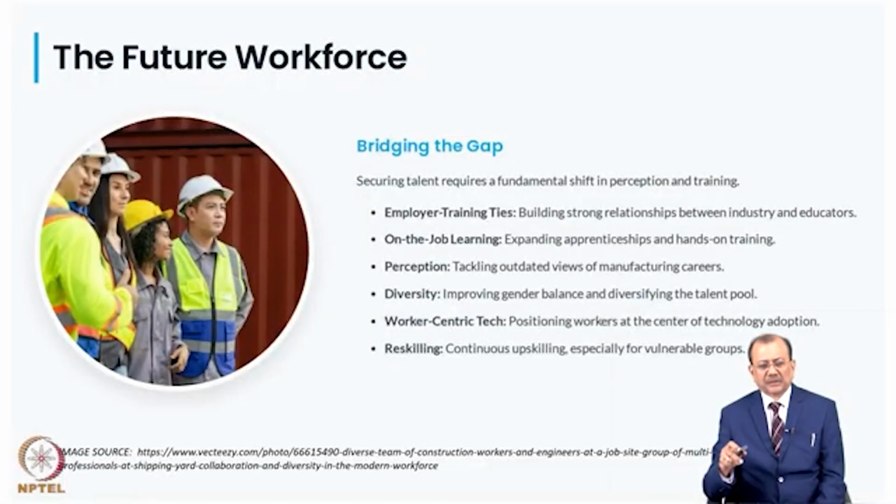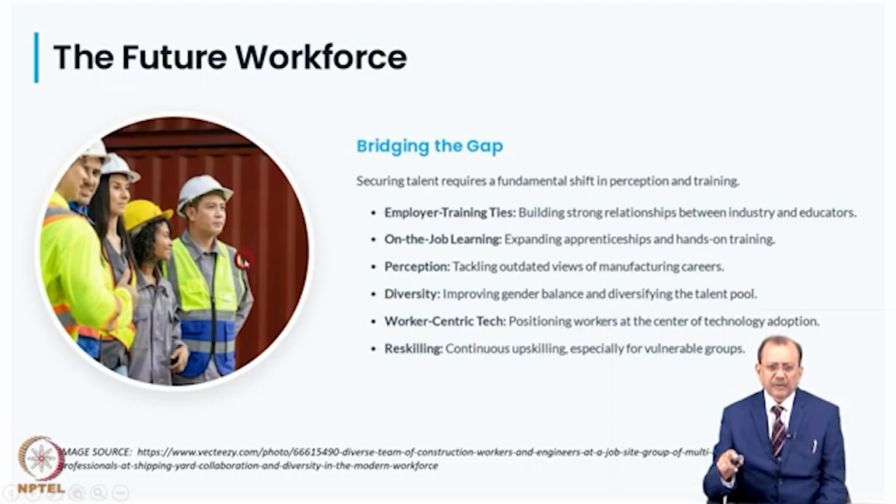These slides give us a glimpse about the future workforce and what kind of expectations there are for it. I have given the title Bridging the Gap. Securing talent requires a fundamental shift in perception and training.